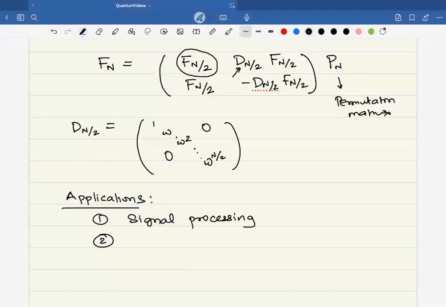The other application is polynomial multiplication. And this is based on the fact that the fast Fourier transform requires n log n operations. But the idea is that this is based on the idea of convolution, and the fact that convolution in the Fourier domain is just pointwise multiplication.